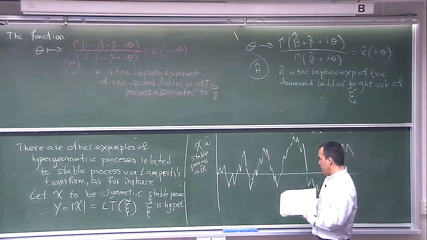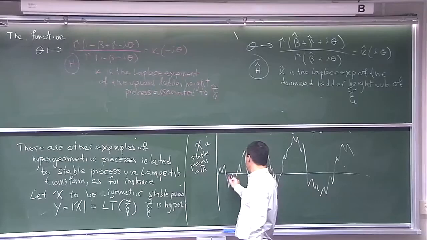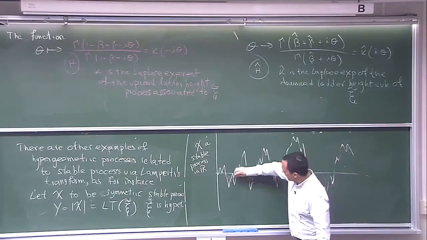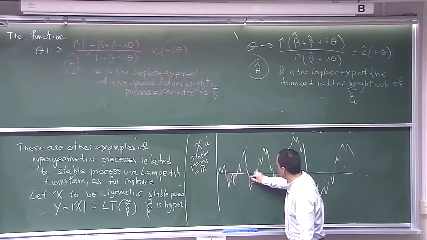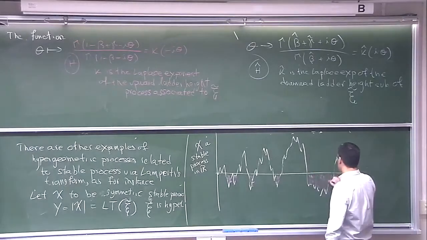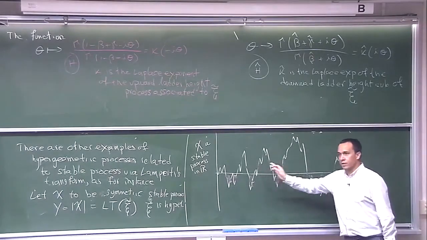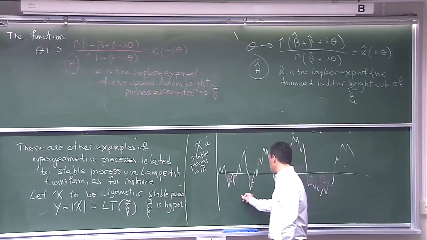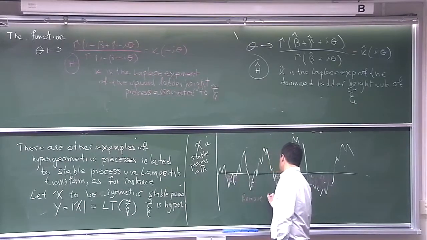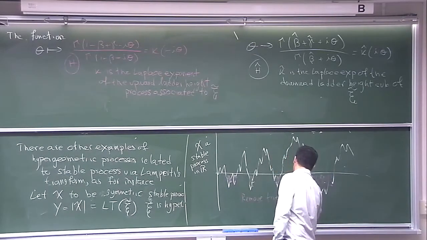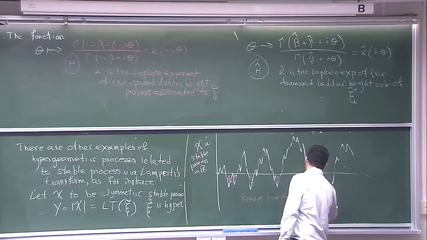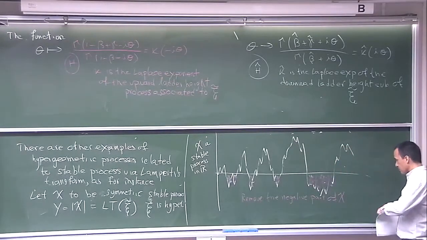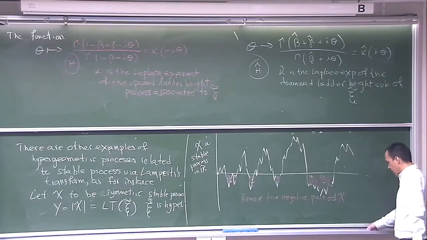And then we remove every negative part. Okay? So we get rid of all this. Okay, and we glue together this path. Okay? So remove. Okay, how do we do that? I will tell you now.